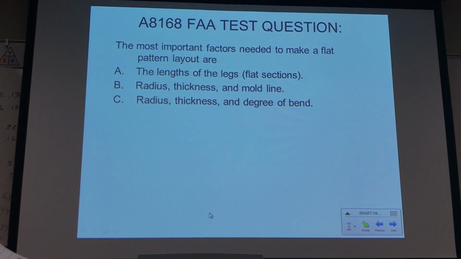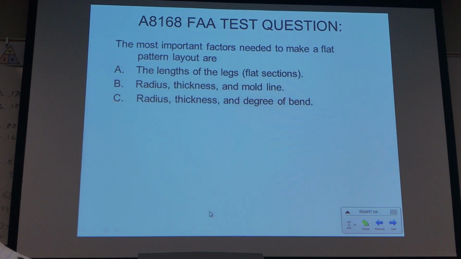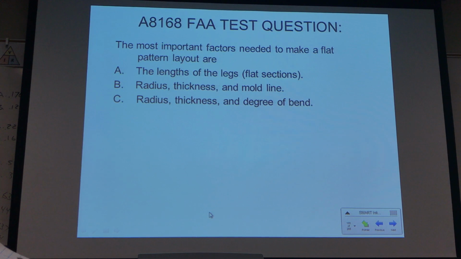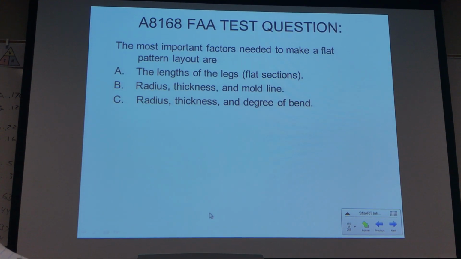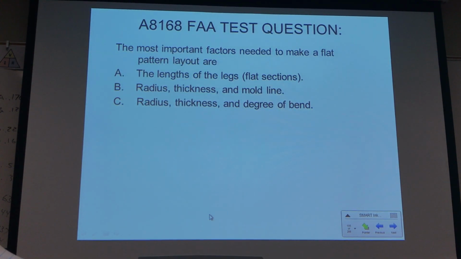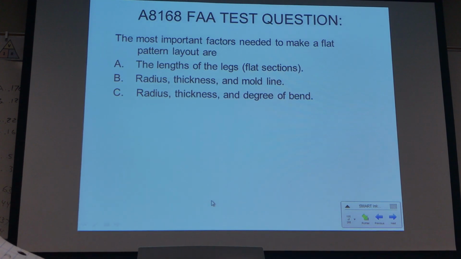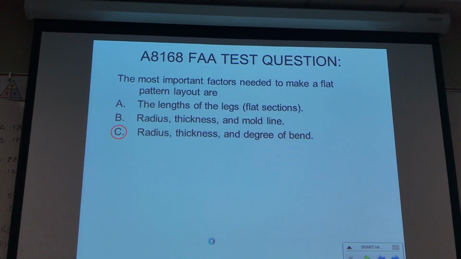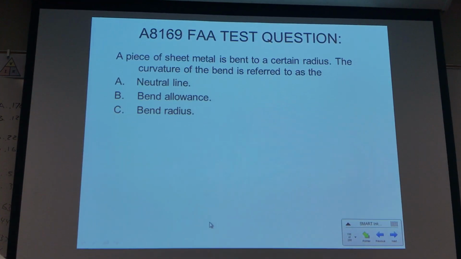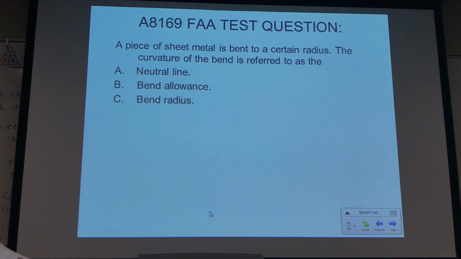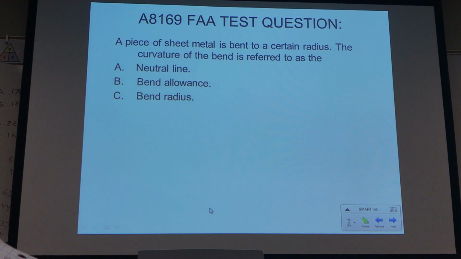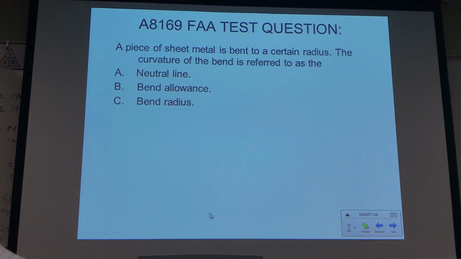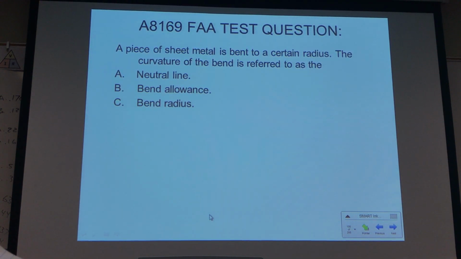What do you need to know to make a layout? C. Radius, thickness, and degree of bend. Okay. That's all the stuff you need to know to do the empirical formula anyway. The curvature is referred to as what?